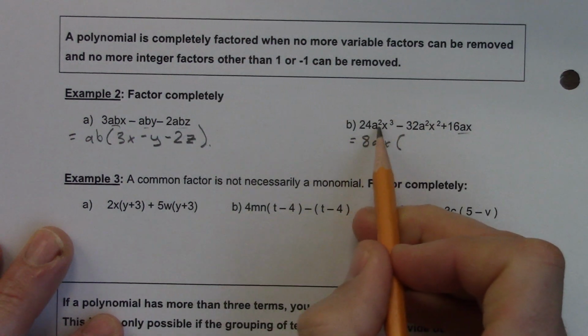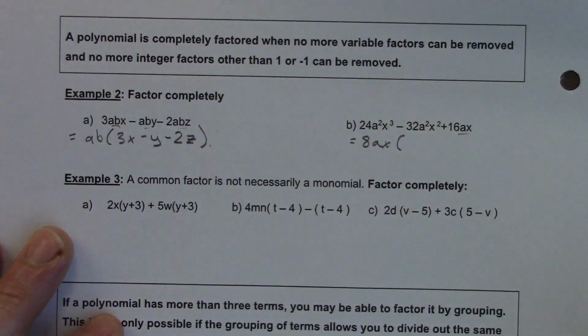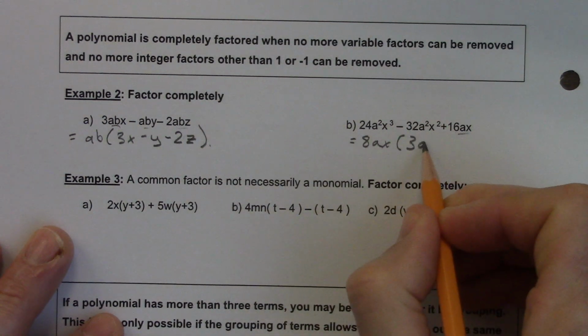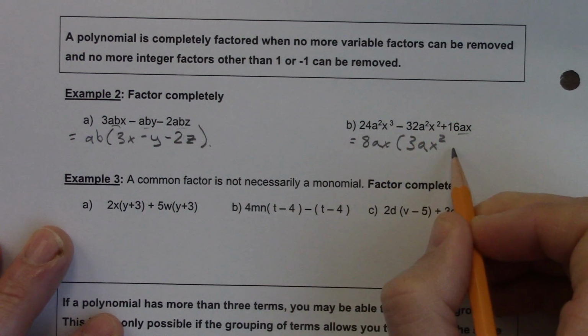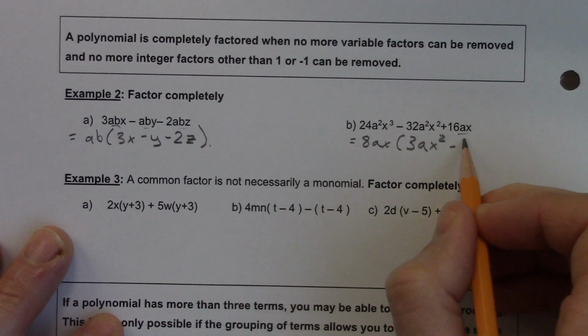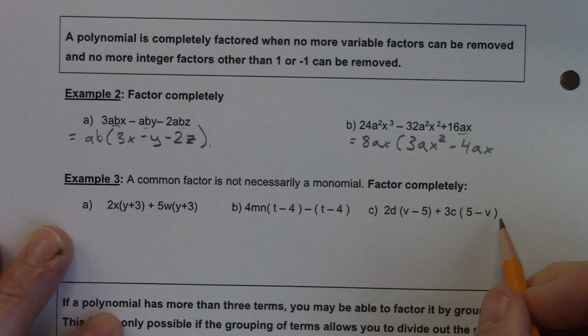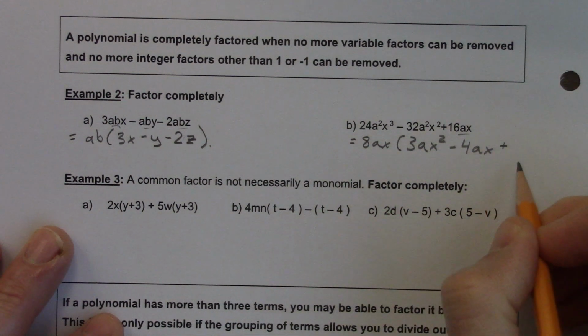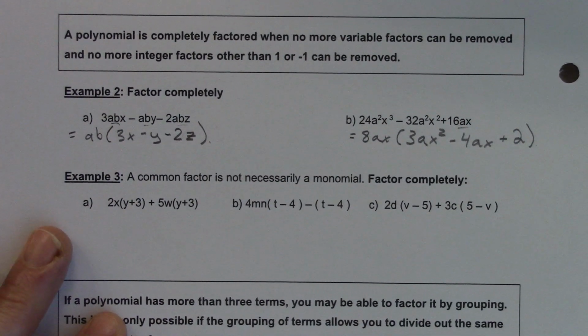Okay, so now 24a squared x cubed divided by 8ax is what? 3ax squared. Yep. Next. Yep. Perfect. Very good.